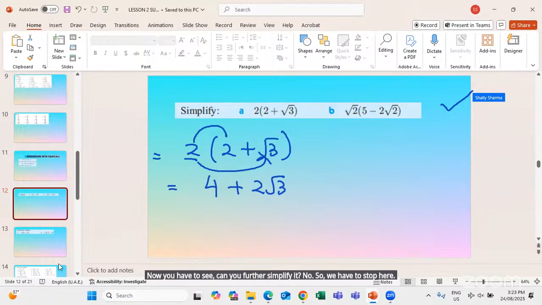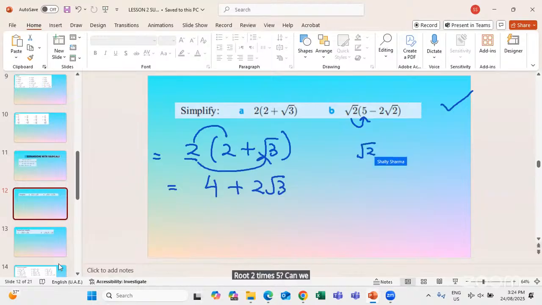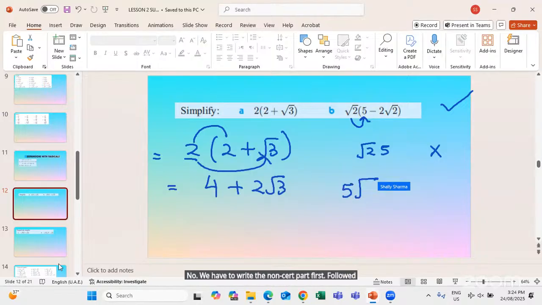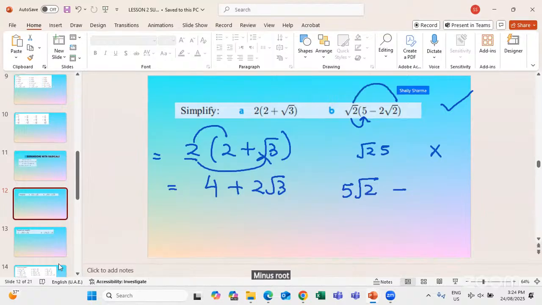If you look at the second question, we have root 2 and inside we have 5 minus 2 root 2. Same thing you have to do. Root 2 times 5. Can we write it as root 2 5? No. We have to write the non-surd part first, followed by the surd part. So it is 5 root 2 minus root 2 multiplied by 2 root 2.